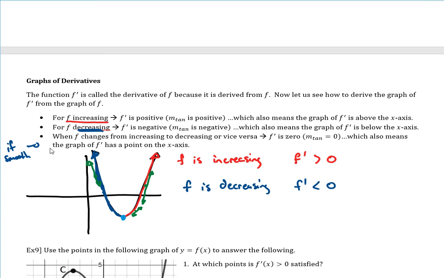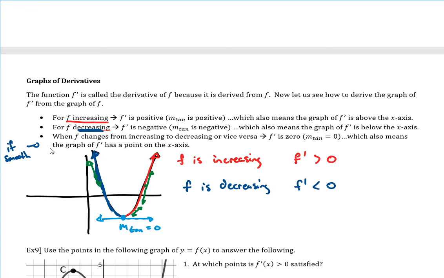Okay, so where it changes, it goes from decreasing here to increasing. Well, if it's smooth, it goes from negative values to positive values for our derivative. So f prime was less than 0, and then f prime is greater than 0. To connect a negative number with a positive number, we must have 0. So this is telling us our mtan equals 0.